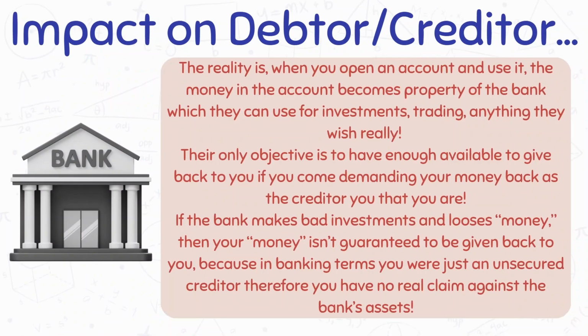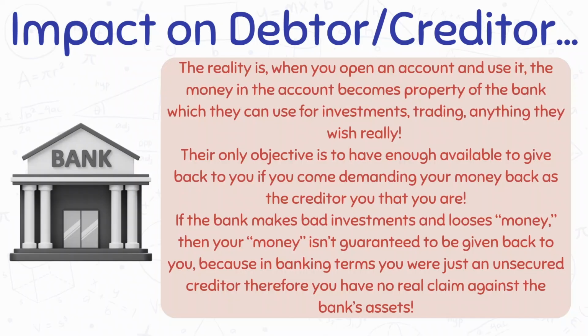The reality that most people do not know is that when you open a bank account and you use it, the money in that account becomes property of the bank, where they can actually use it for investments, they can trade with it, they can do anything they wish to really, because it's their property now. Their only objective and obligation really is to have enough money available to give back to you if you do come and make a demand for your money, considering that you are the creditor, right?